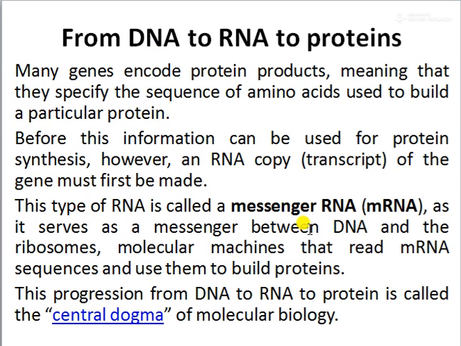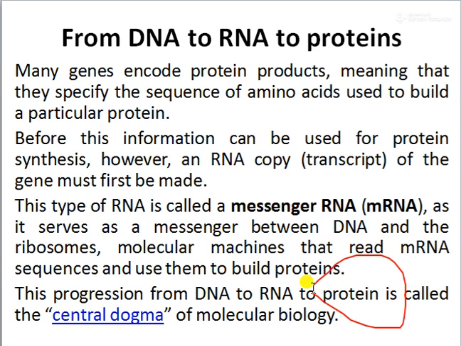Then, after the formation of this messenger RNA inside the nucleus, it leaves the nucleus and travels to the cytoplasm, where ribosomes are present. After reaching the cytoplasm, they are attached to the ribosomes, and the process of translation of this message occurs, which is basically the formation of proteins.